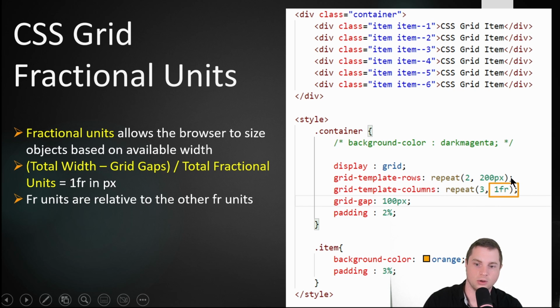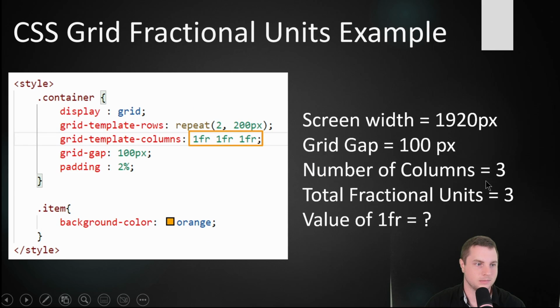So this 1 here, and if there were 3 of them, which we have because we're repeating 3, each one of our child elements is going to be 1/3 of the available width. That's essentially what repeat is doing right here in this orange box: 1 FR, 1 FR, 1 FR.